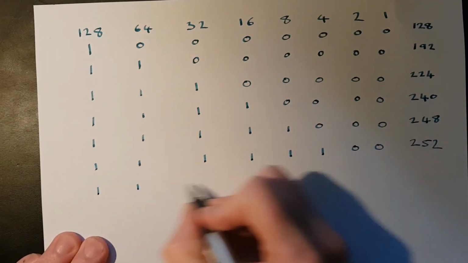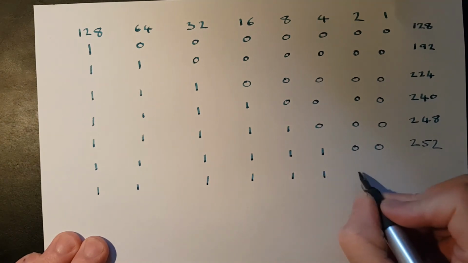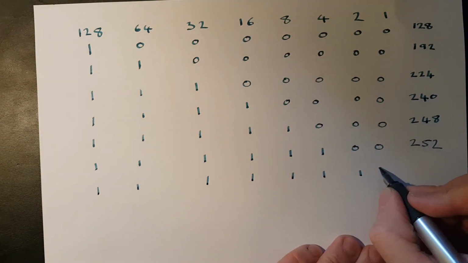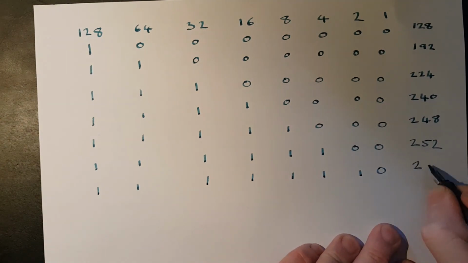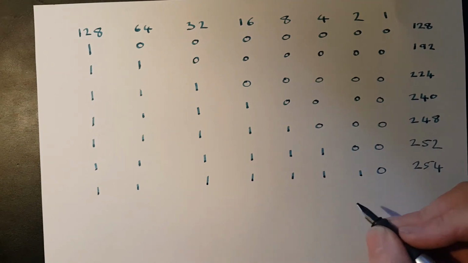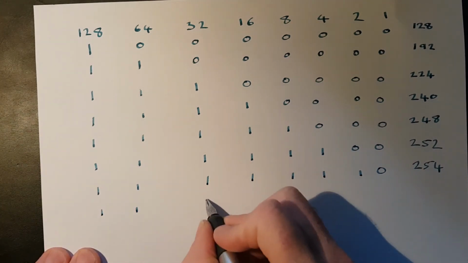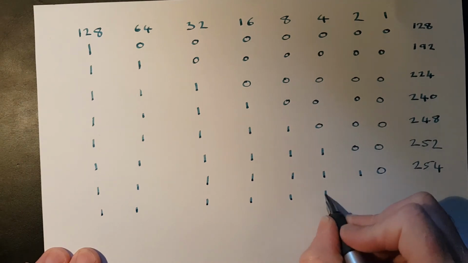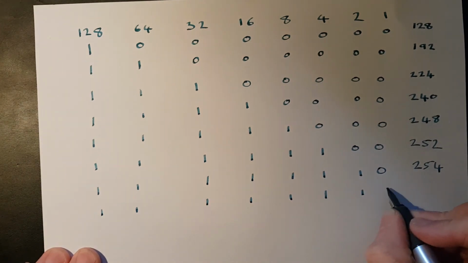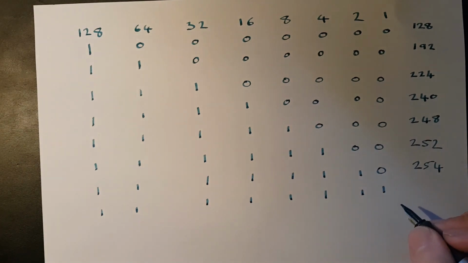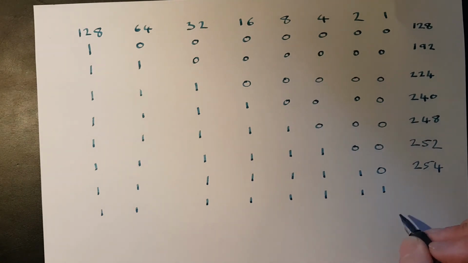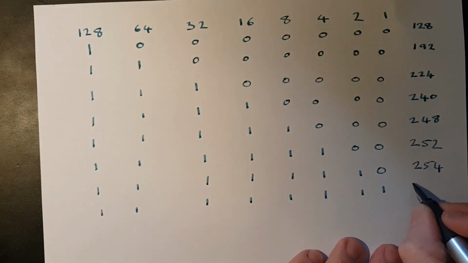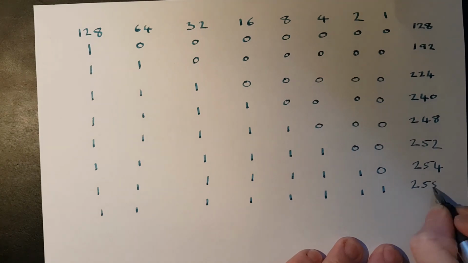And then almost there, 252 plus 2 makes 254, and then finally we end up with the one that you're most familiar with because it's the one that we use in our default values. It equates to all the ones, and in certain instances means we are using a broadcast, so 255.